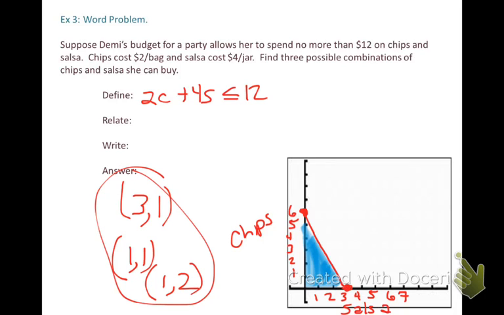3 possible combinations. All right, so if it's y is greater than 4, you would graph it and put it right here. Y is greater than 4. Oh, it should be dotted though. So let me make it black. Okay.